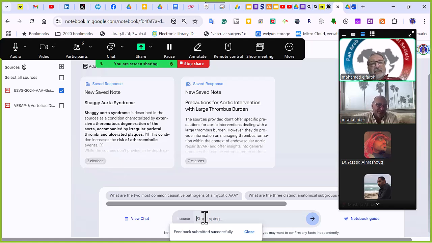So let us say I have a patient and I have occluded one internal iliac artery, and I need to occlude the second iliac artery.